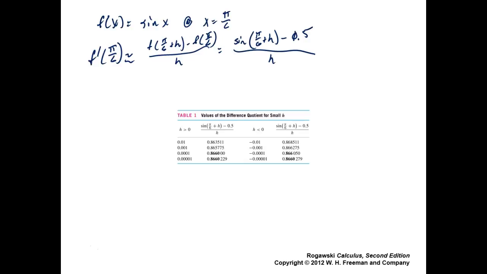Anyone get anything? Say again? Yeah, what mode are you in? What mode had you better be in? Radian mode. I hope everybody's there. What do you get when you do that calculation with 0.01?